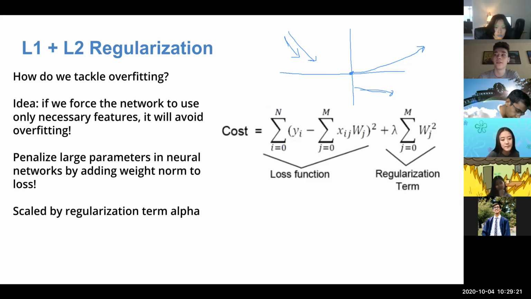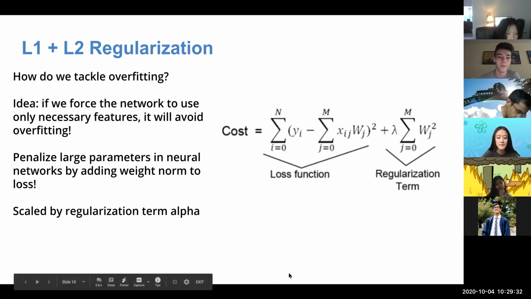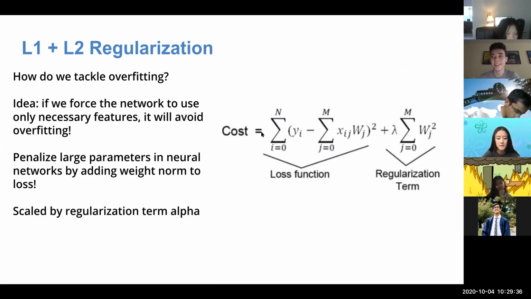If you make it dumber by limiting something, it's not going to overfit if you make it really dumb. But if you make it really dumb, it might not be able to learn anything. So it is kind of a trade-off.